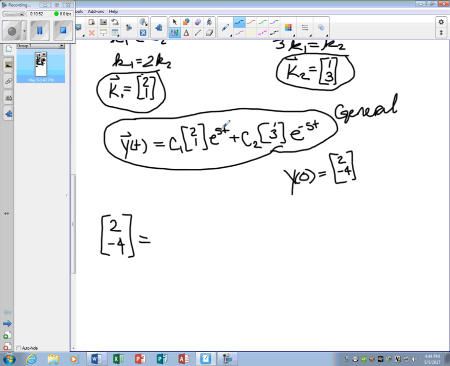Equals. Now since t is 0, this is going to be 1 and this is going to be 1. So we're just going to distribute in here. So it's 2c1 and then c1, plus c2, 3c2.